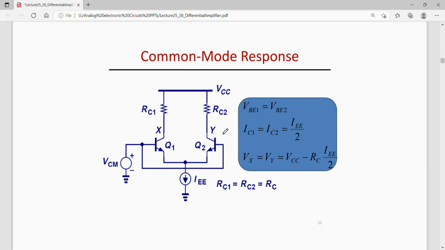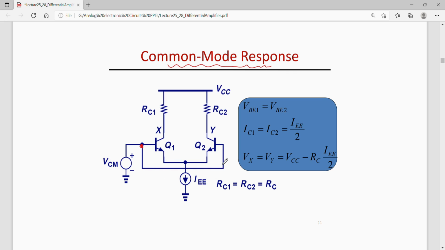Now let us also do some analysis on this circuit. Let us say that we want to find out the common mode response. Common mode here means that the input is common to both Q1 and Q2, the same input.